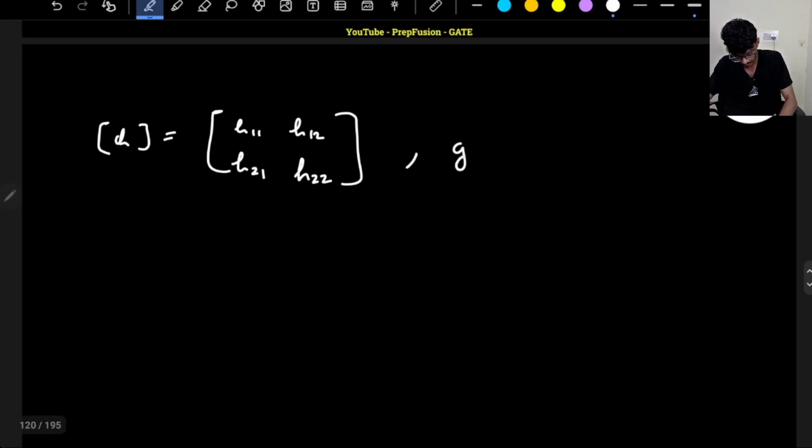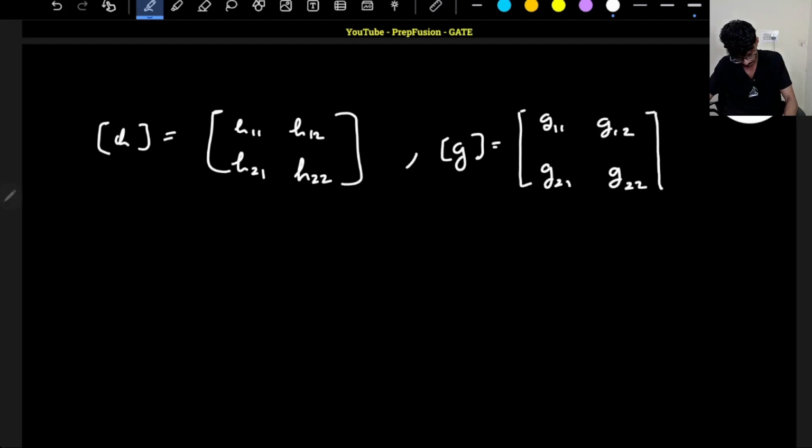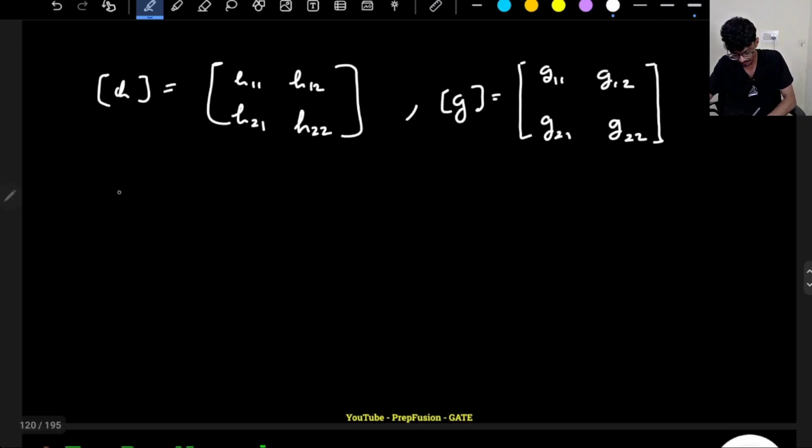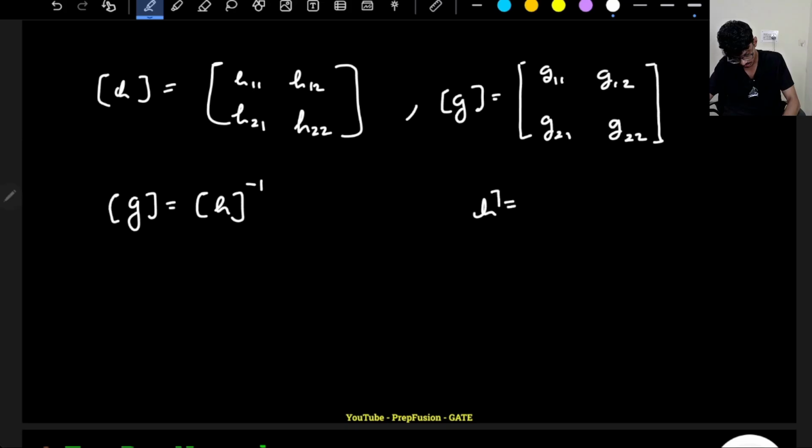And my G parameter is this, right? G is some G11, G12, G21, G22. So from here I can directly say that the inverse of G will be H, or H will be the inverse of G. So it is a basic simple inverse.